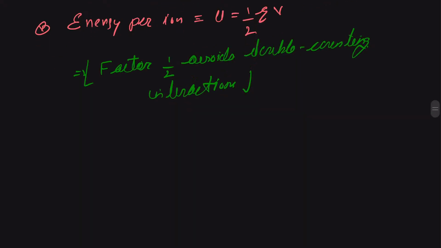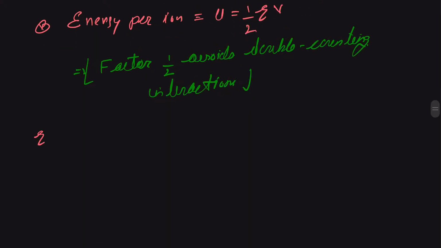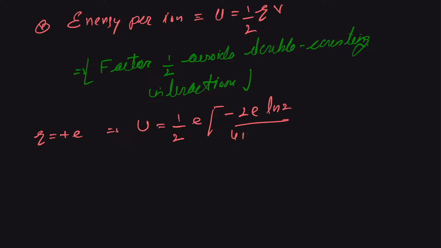So our this Q is our plus e. Therefore we can say that our U is equal to 1 by 2 e, and this is minus 2e natural log of 2 divided by 4 pi epsilon naught times a.